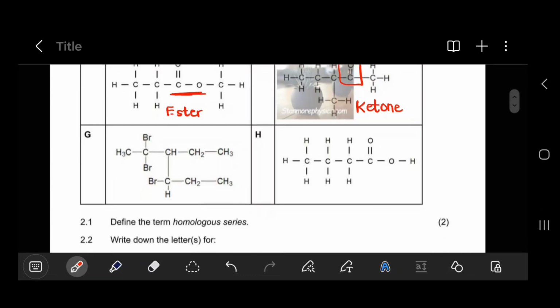Now, compound G, we immediately notice that we've got 3 bromines. They are halogens. This is definitely a haloalkane. And H has the carbon with the double bond oxygen and single bond OH. It is on the first carbon from the right. So H is definitely a carboxylic acid.